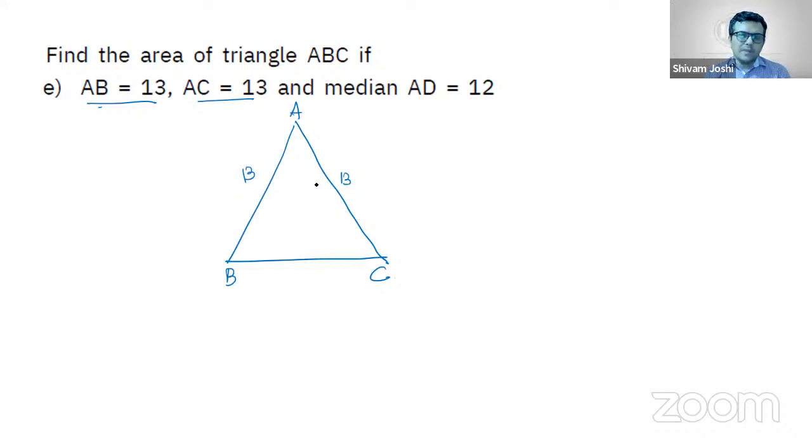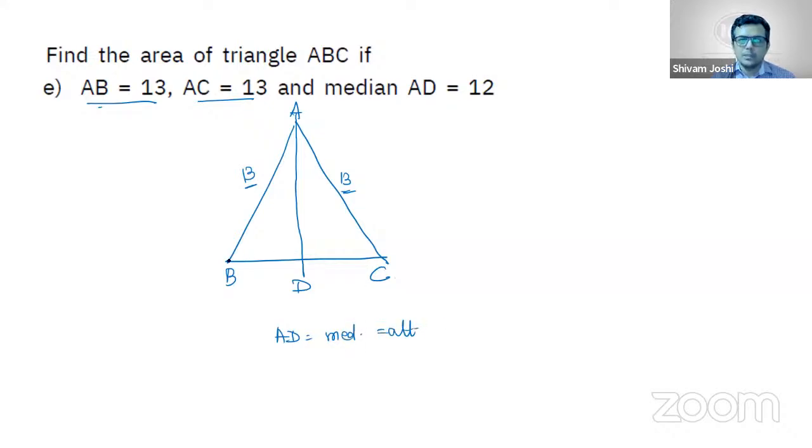Now, because you have an isosceles triangle, not all the medians and altitudes are equal, but the median which is passing through this vertex will be the altitude. So this AD is median as well as altitude.